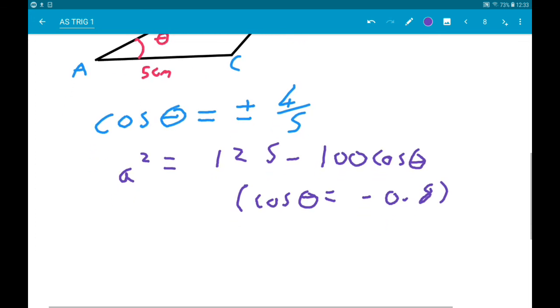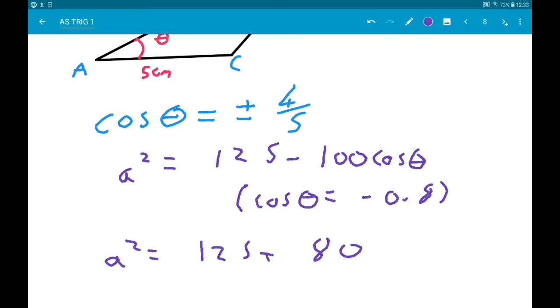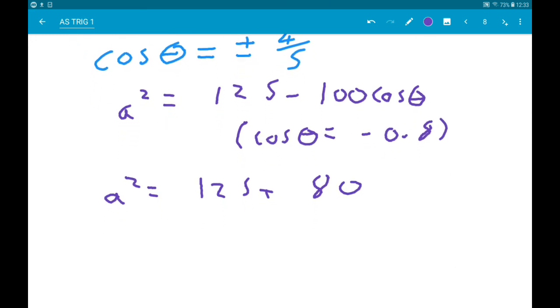So then we have A squared is 125 plus 80. So A squared is 205. So A is root 205, and that's centimetres. Now they wanted it in exact form, so here that means leave it as a surd.